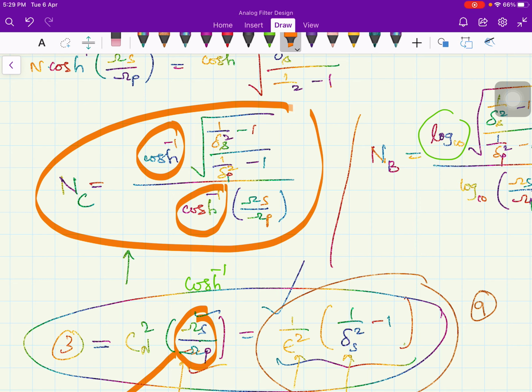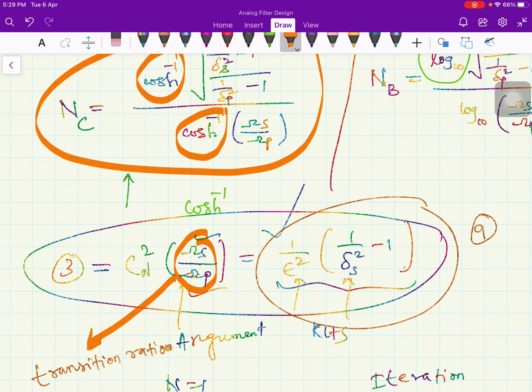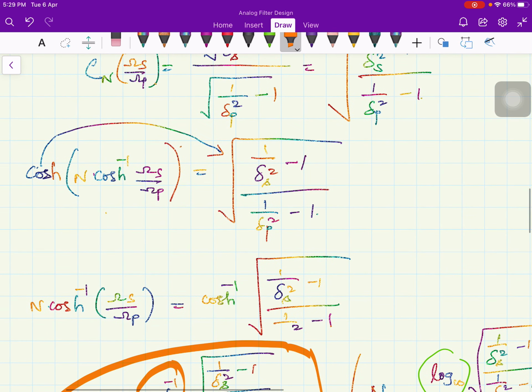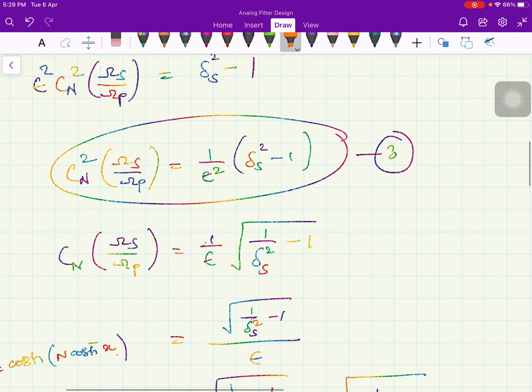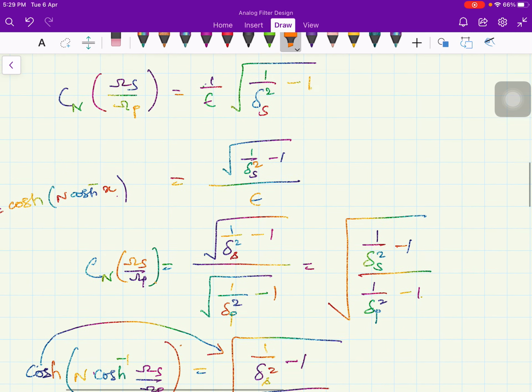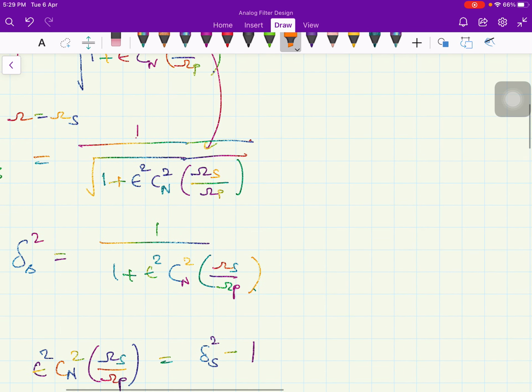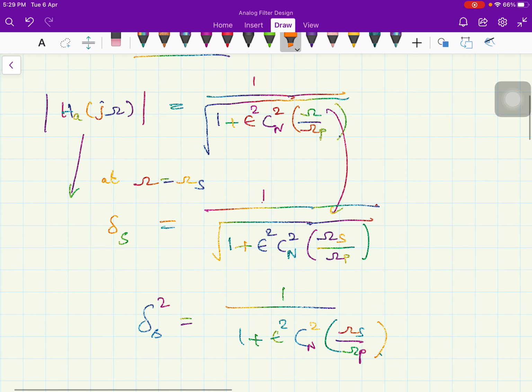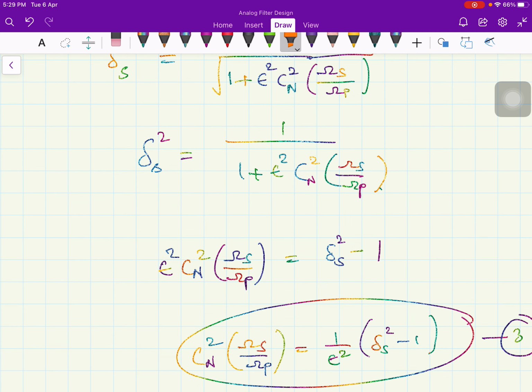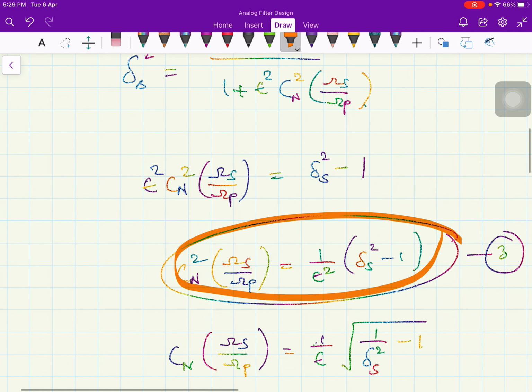As I said, if Cauchy inverse tables are not available, which usually they are not, you may have to use a handbook, or you use the alternative at the edge of the stop band. From the intermediate equation we got this, so this formula we got. You take this one and you can find out the order of the filter.